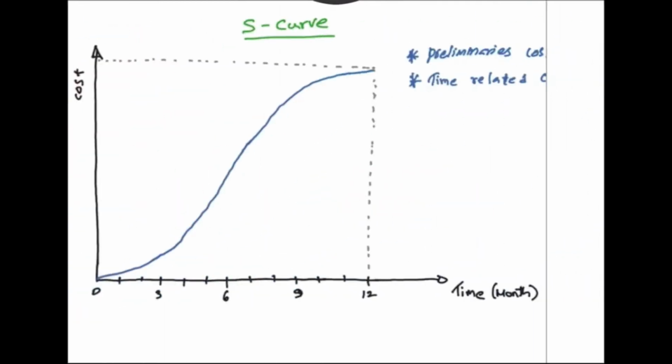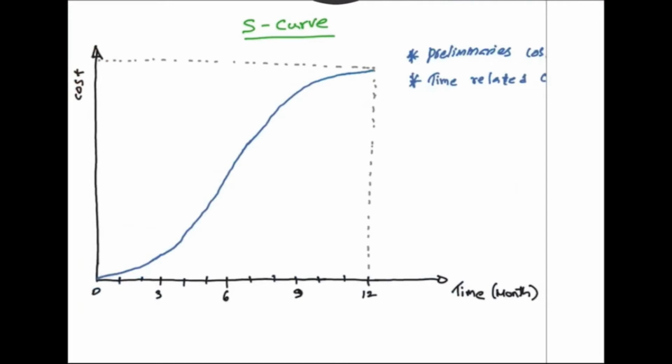Now if we take the project S curve, which is a cash flow, which is the cost plotted against time, which has an S shape. This shape is similar to the preliminaries. If we plot the preliminary cost against time, it will also show a curve similar to the S curve.